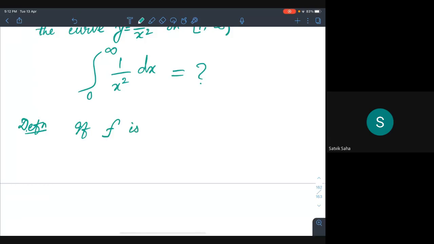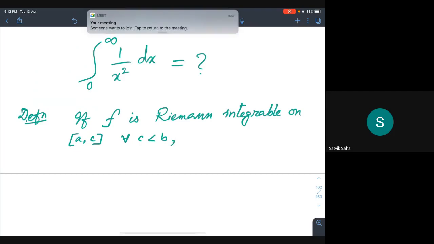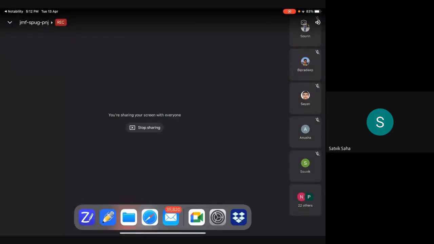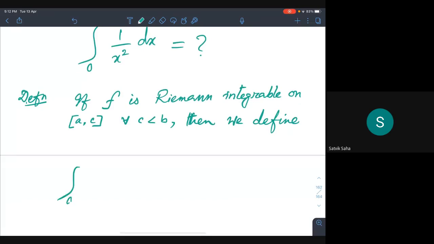If f is Riemann integrable on a to c for all c less than b, then we define integration a to b f(x) dx.